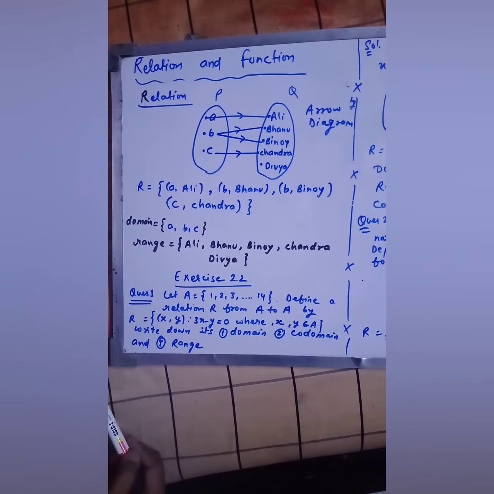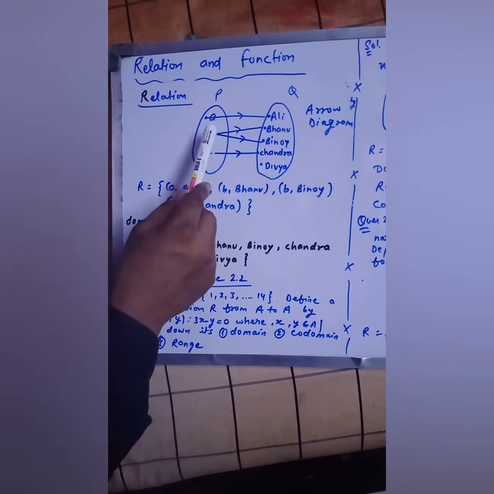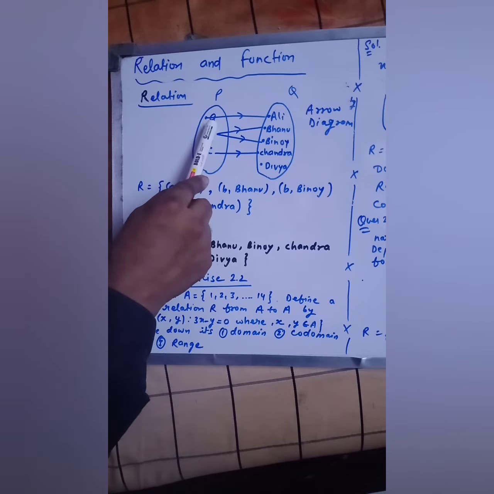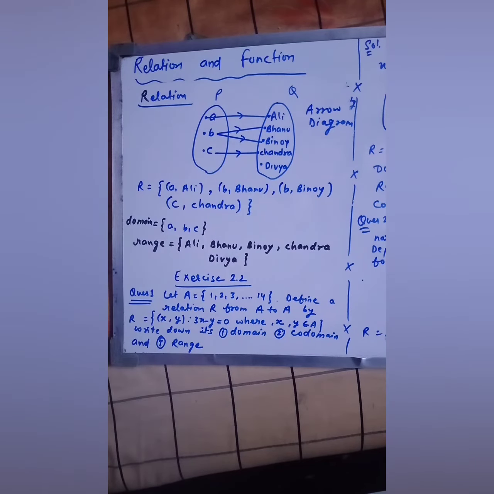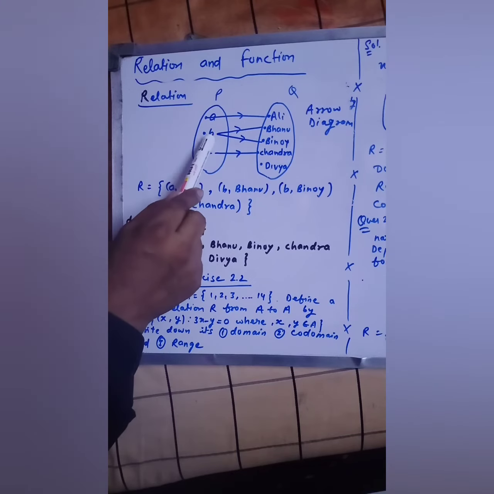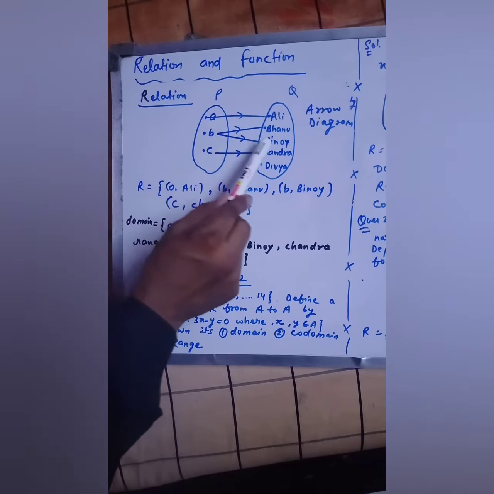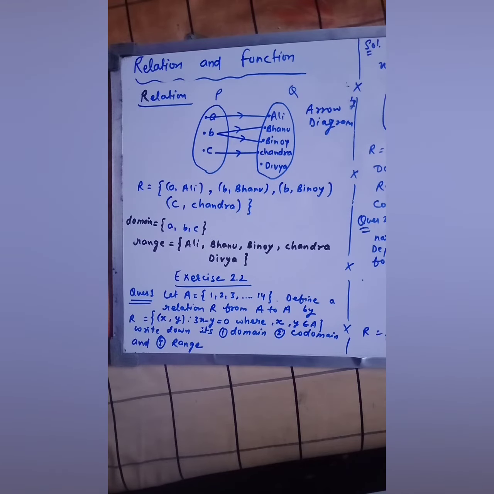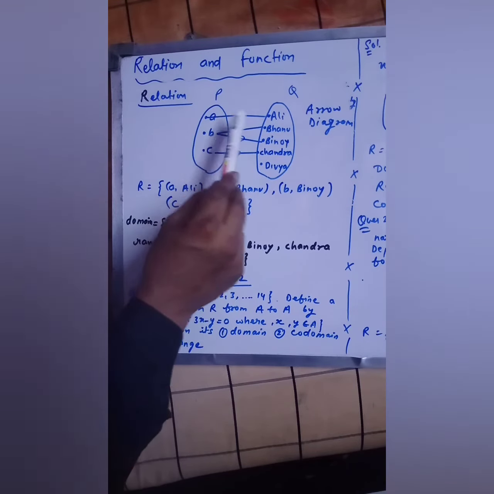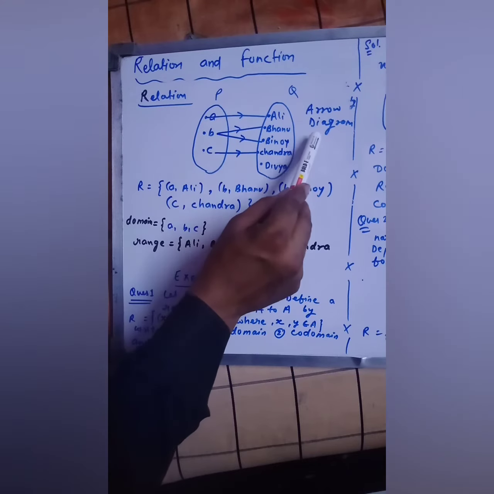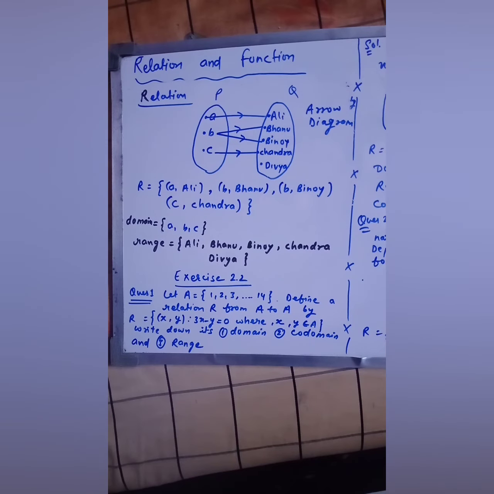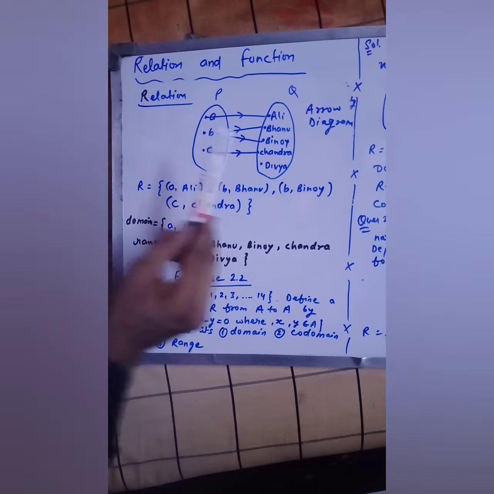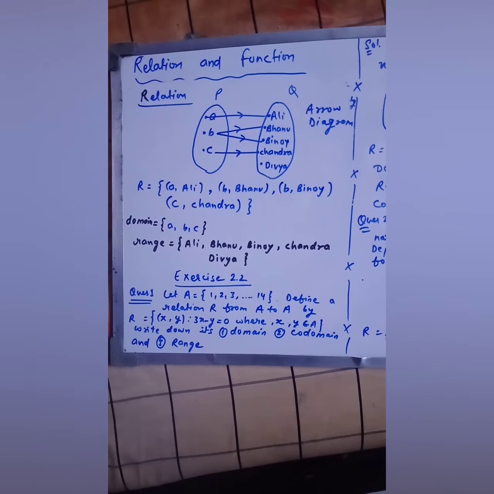These are the five elements. Here A belongs to Ali, B belongs to Bhanu and Binoy, and C belongs to Chandra. This kind of representation of data is known as an arrow diagram.